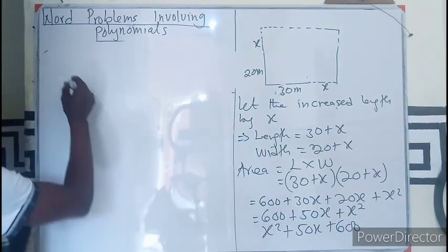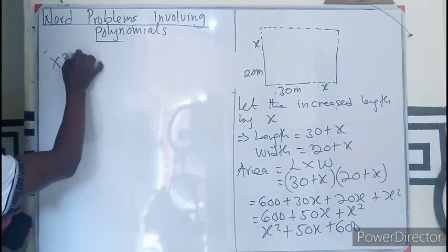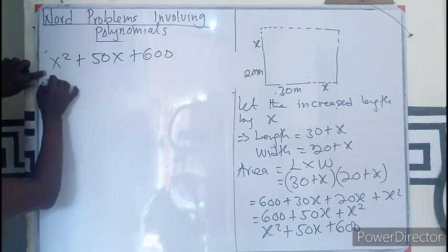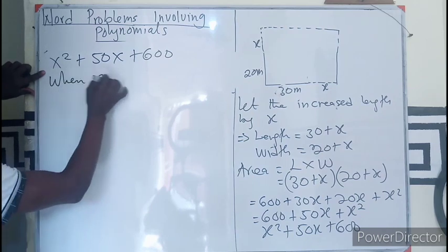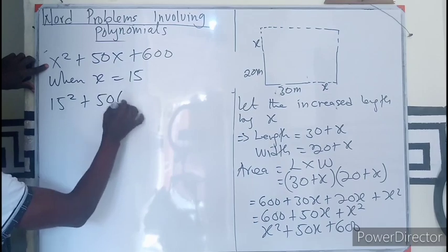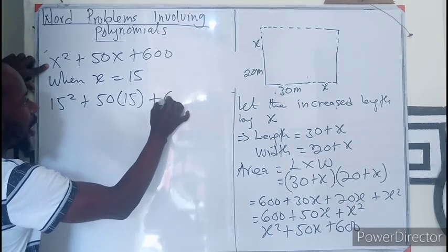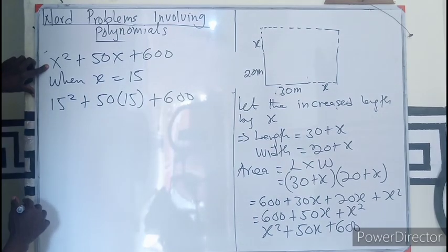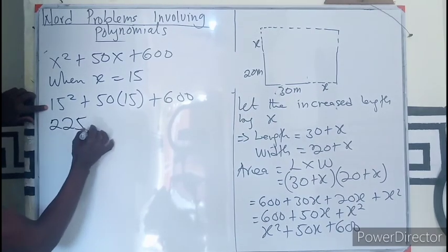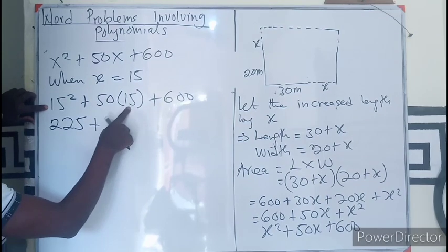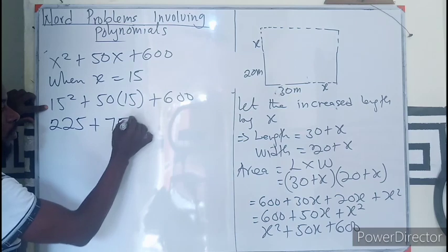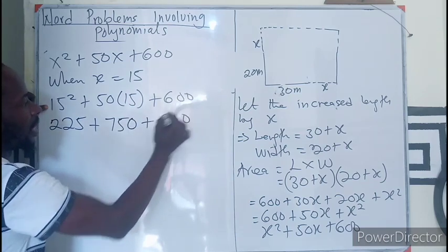So from here we have x squared plus 50x plus 600. So now when x equals 15, we have 15 squared, 50 times 15, plus what? 600. We know here we are going to have 225, plus 5 times 15, so we have 750, plus 600.